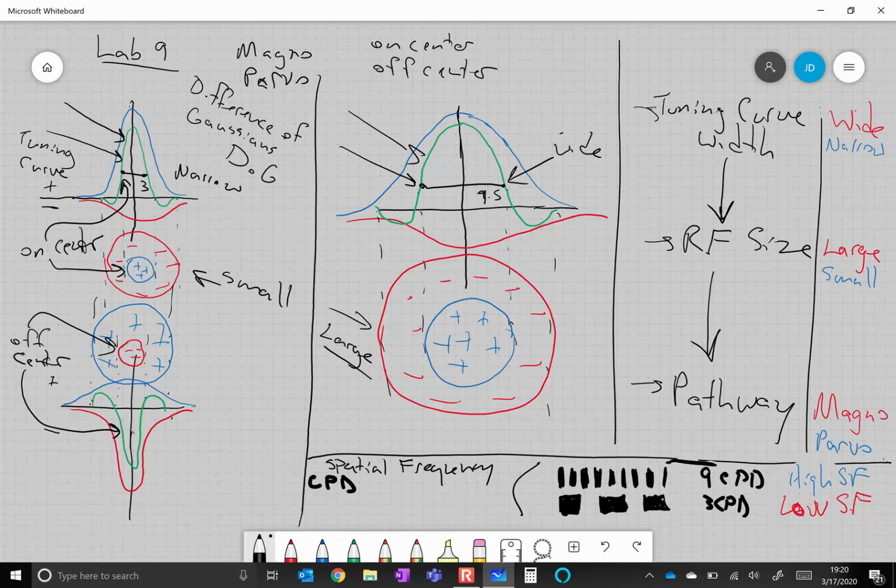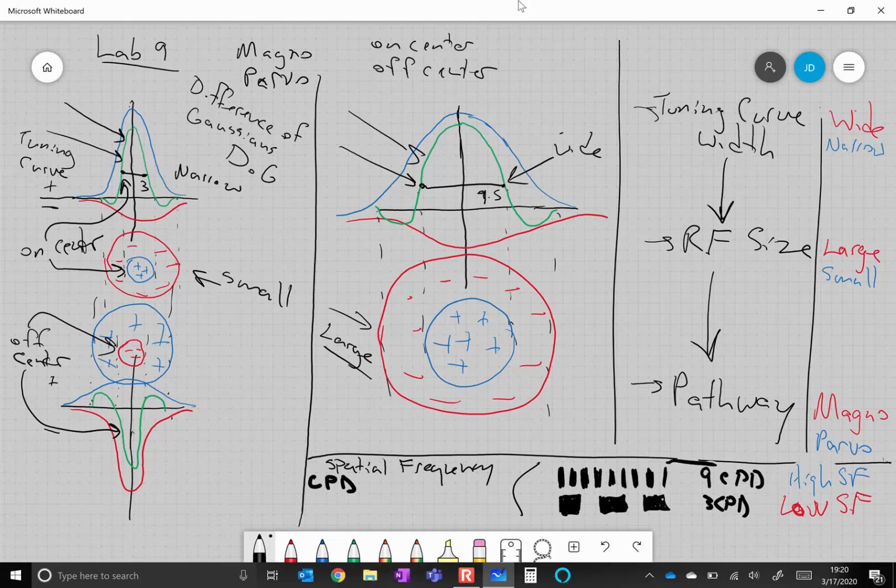Now, as we go forward, we'll talk about how we use these receptive field sizes, tuning curves, and spatial frequencies in terms of shape and object recognition and motion vision as well. We'll see that there's a little bit of a divergence between what the magnocellular and the parvocellular do in terms of motion vision and so forth.